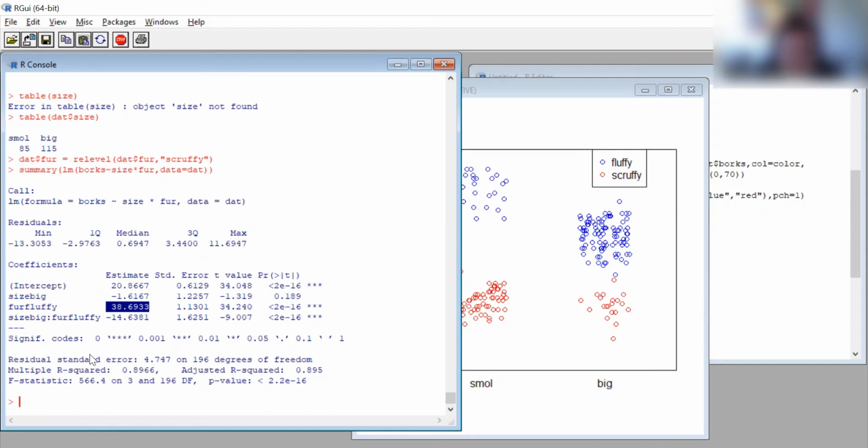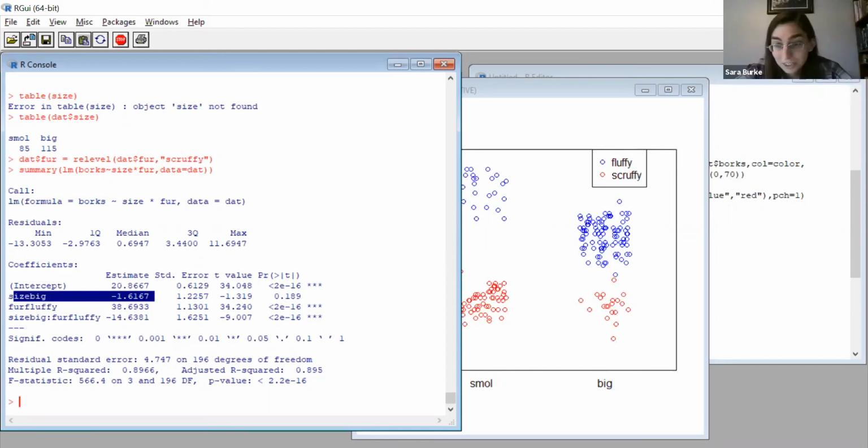So now under the intercept, big dogs bark, well, it's not significant, but if it was, big dogs would bark less than small dogs in the scruffy condition. So big scruffy dogs bark less than small scruffy dogs. And it not being statistically significant doesn't change that that's the correct interpretation.